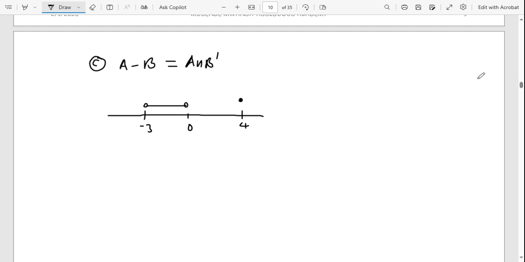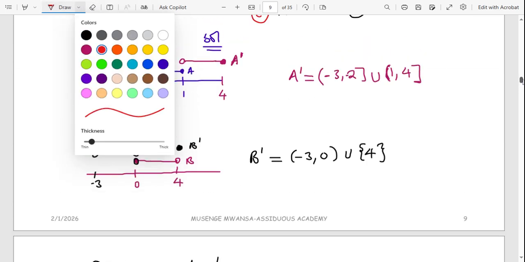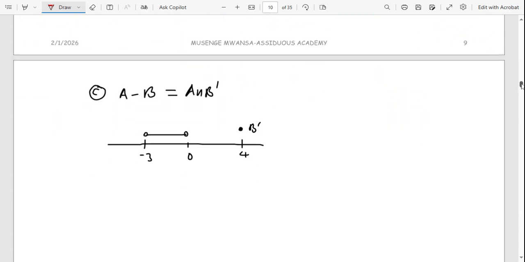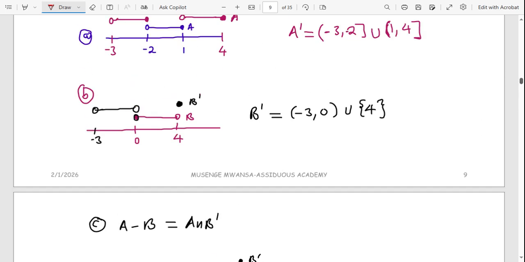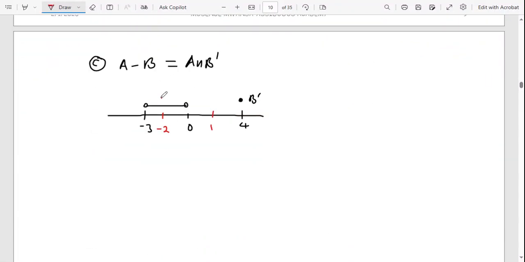And then the set A, that is B complement. The set A is from -2 to 1. So -2 is actually somewhere here, and then 1 is here. What are we including for the set A? -2 we are not including, but we're including 1. So this is it, like this.